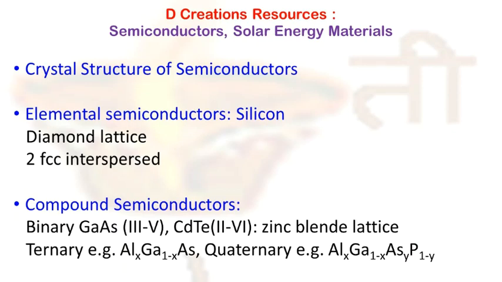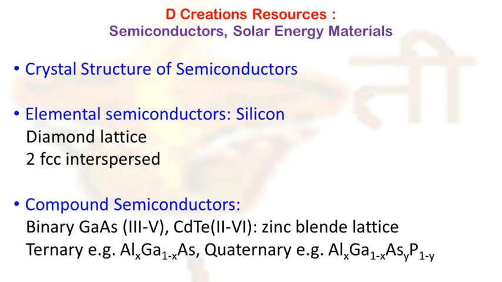Now let us talk about the unit cell of compound semiconductors. Consider gallium arsenide. It's a binary compound semiconductor, 3,5 binary. The unit cell will be similar to that of the elemental semiconductor, silicon, but now there are two elements here. All the positions were earlier occupied by silicon atoms only when it was the silicon lattice. Now some of these positions will be occupied by gallium and some by arsenic.